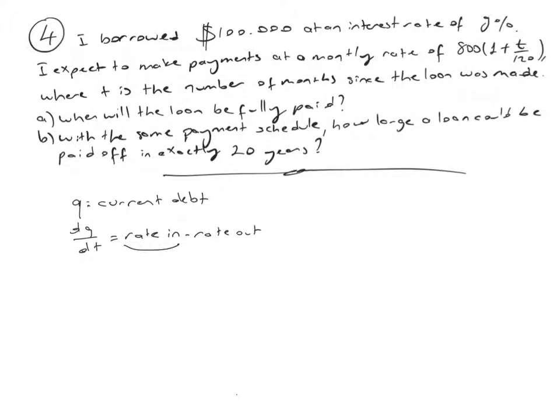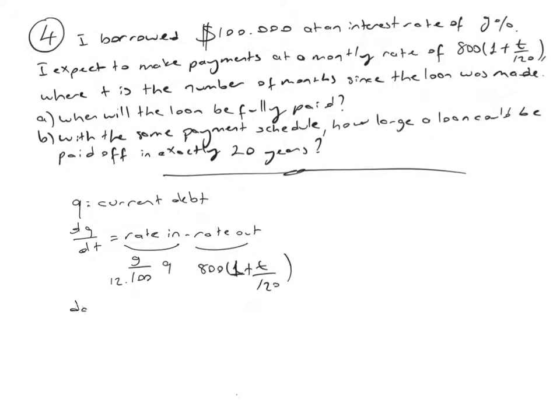Rate in is current debt times the interest rate, which is 9%, and since we have a monthly payment schedule, we should find the monthly interest rate, so we will divide 9% by 12. And rate out is the monthly rate, which is 800 times 1 plus T over 120.